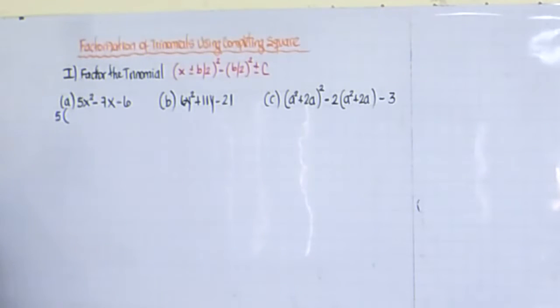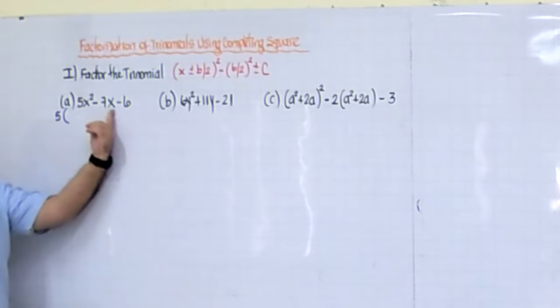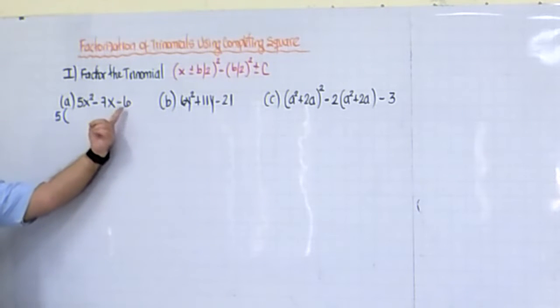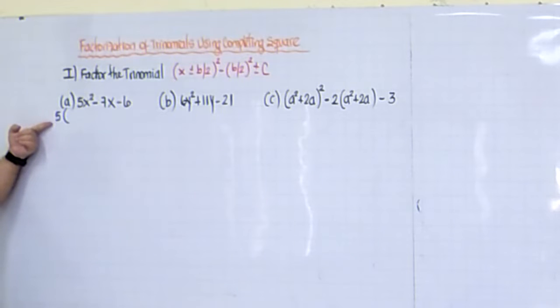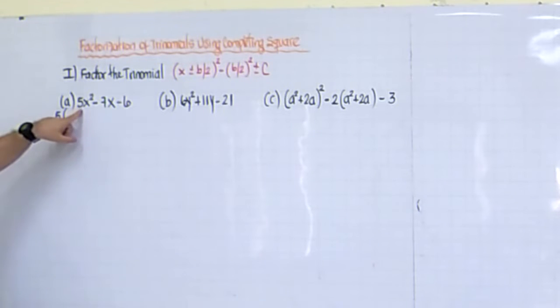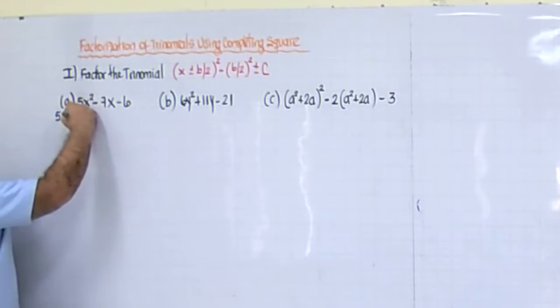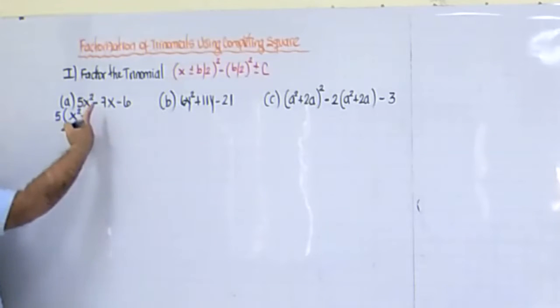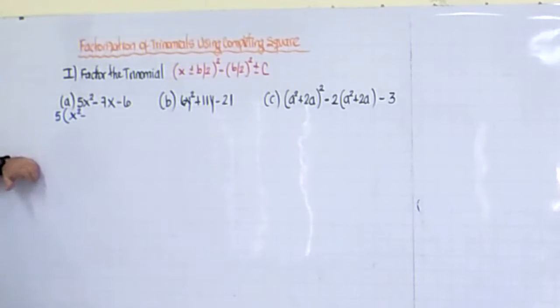I'm going to open parentheses in the original equation. Every one of these terms must be divided by this number 5, because this number 5 is the number next to x squared. For that reason, 5x squared divided by 5 will be x squared. Negative 7 divided by 5, obviously we're going to have a decimal number, but we don't want to work with decimal numbers. For that reason, the only thing we have to do is write the fraction.